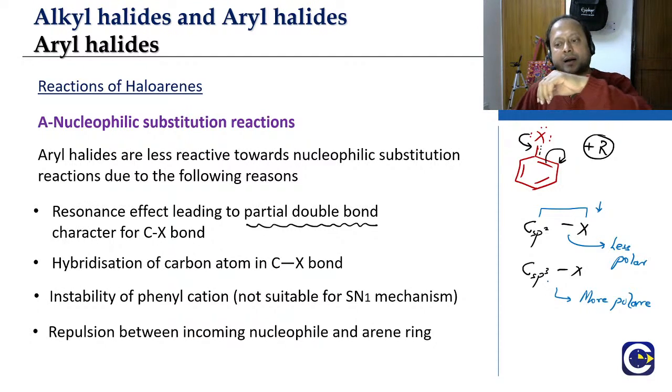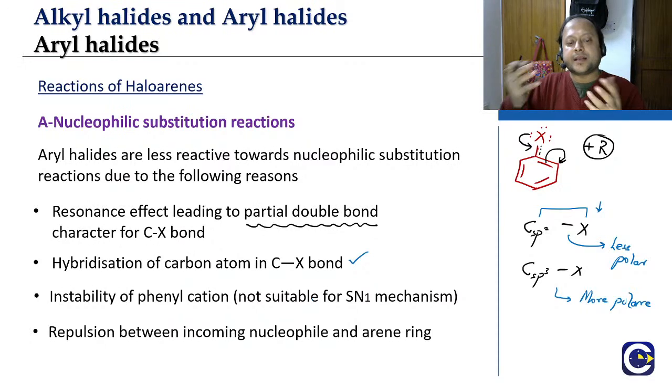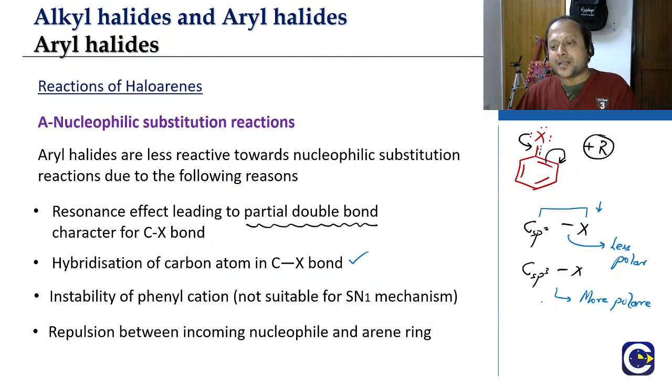So ionization of the aliphatic carbon and halogen is easier than that of the aromatic one, right? Hybridization definitely becomes a factor. Now think for a moment that somehow you have removed the halogen, then what is left behind? What we get is a phenyl carbocation.